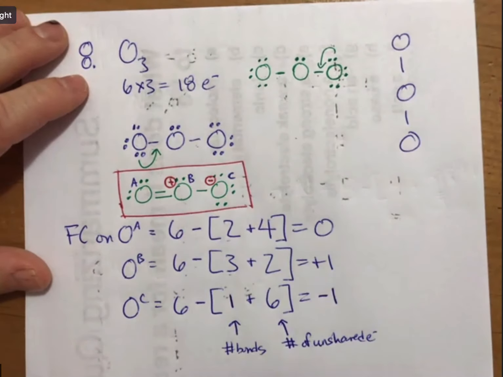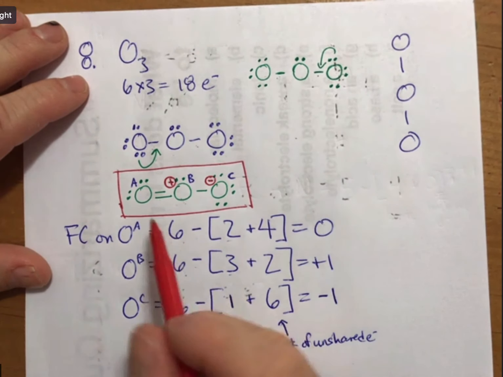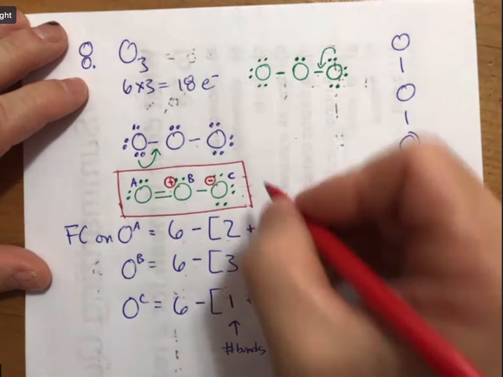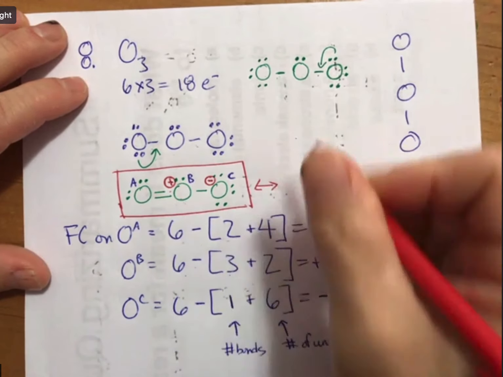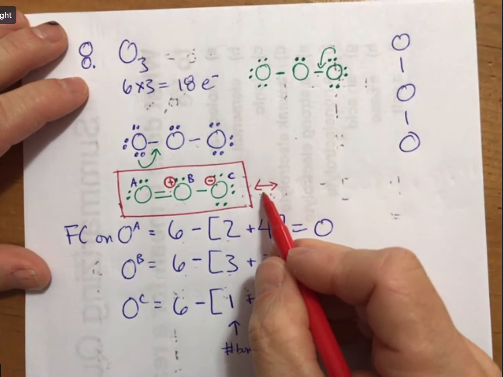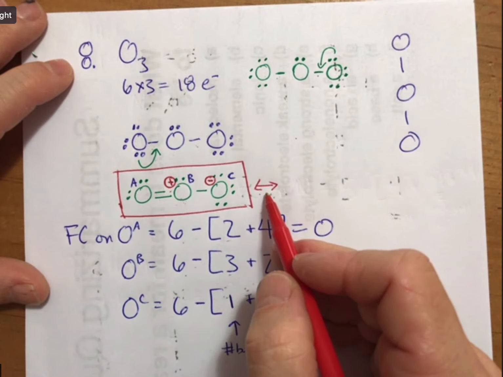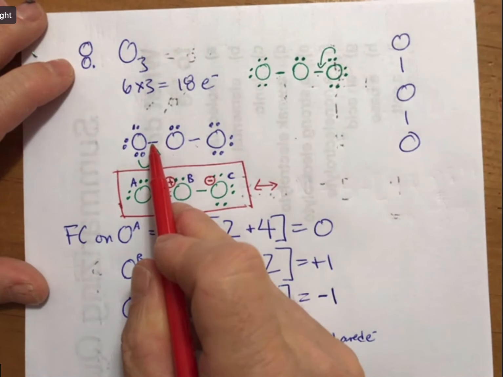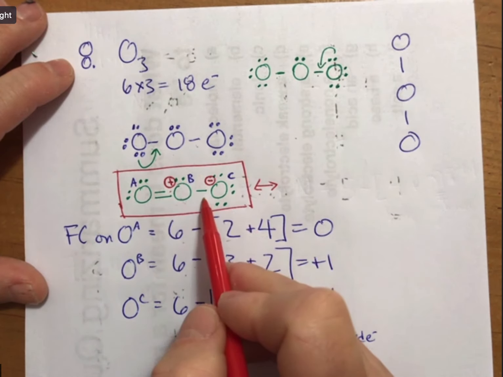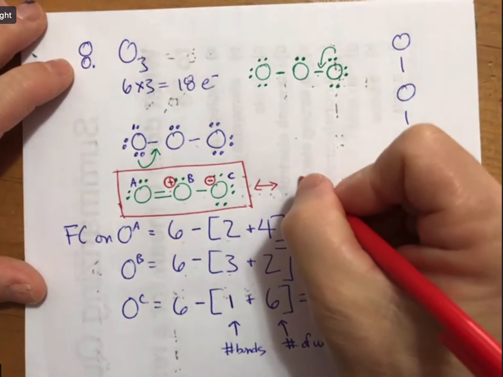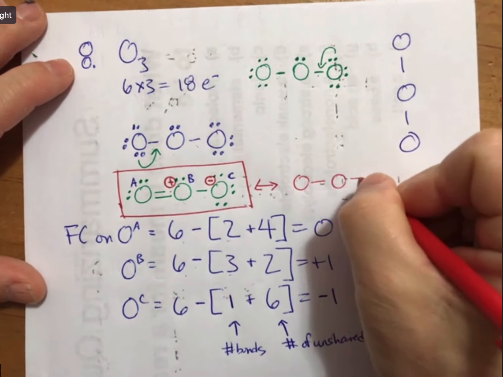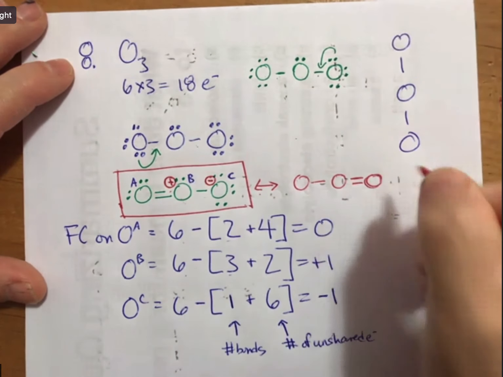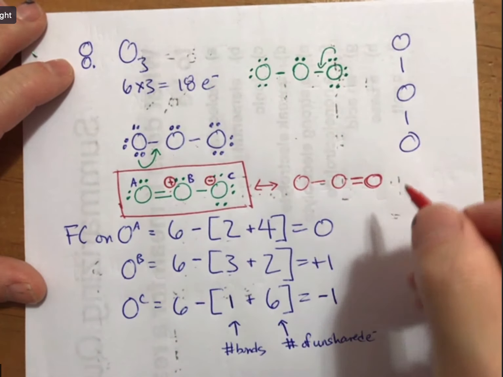And once you get your final and best Lewis structure with its formal charges, then you do resonance. And these are resonance arrows. Resonance says, whenever you have a choice where you put the double bond, draw all options. So now I'm drawing the double bond on the other side.